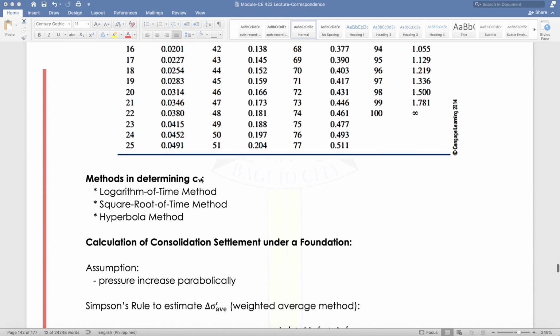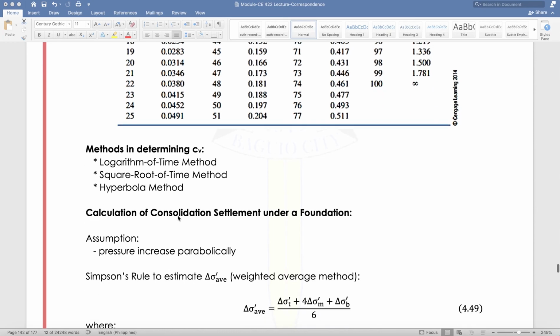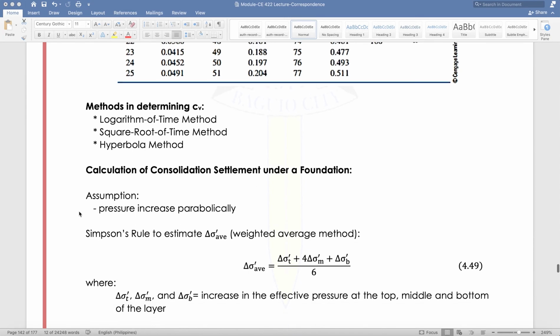Now, methods in determining Cv or the coefficient of consolidation. So we have the logarithm of time method, we have the square root of time method, and lastly, we have the hyperbola method. Now, calculation of consolidation settlement under a foundation. If we are going to calculate consolidation settlement under a foundation, we have here an assumption. The pressure increases parabolically.